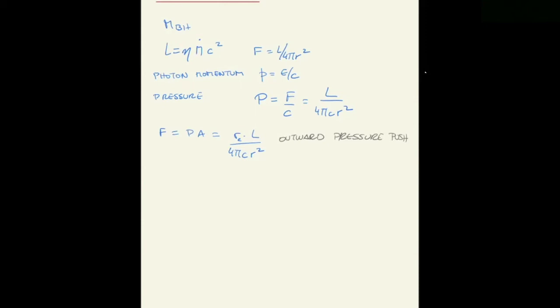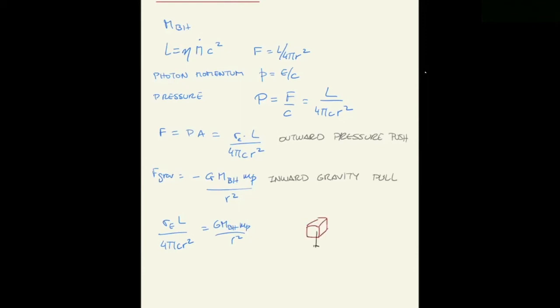So the inward force would be the force of gravity. It's minus G times the mass of the supermassive black hole times the mass of the proton over r squared. Now, if you equate these two forces, then you have the Eddington limit. It's a situation where a gas parcel is in equilibrium between the inward pull of gravity and the outward push of pressure.